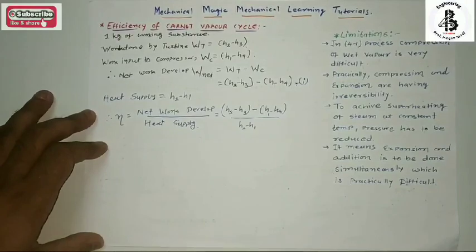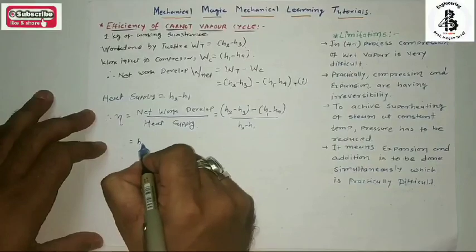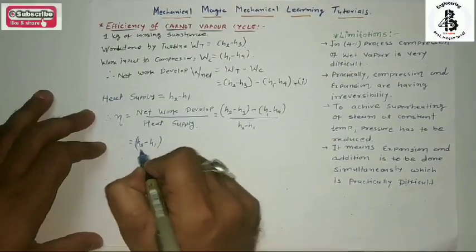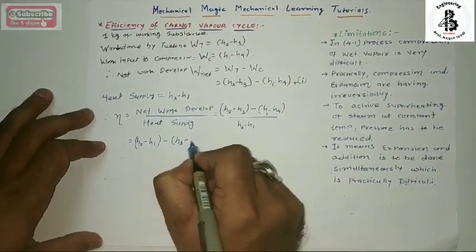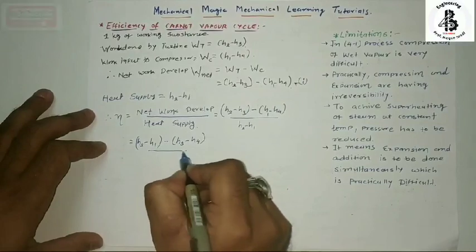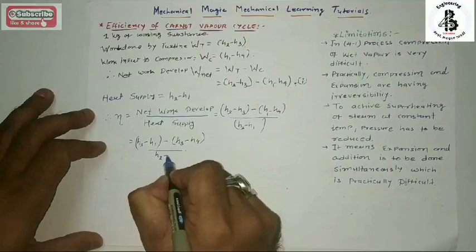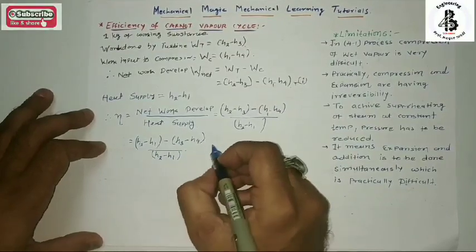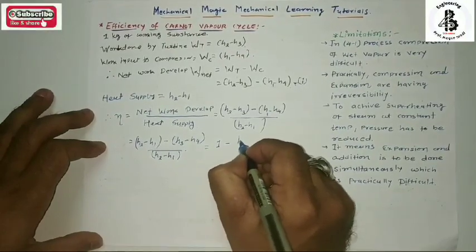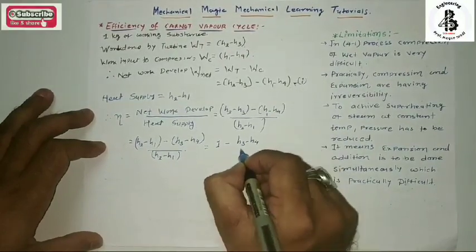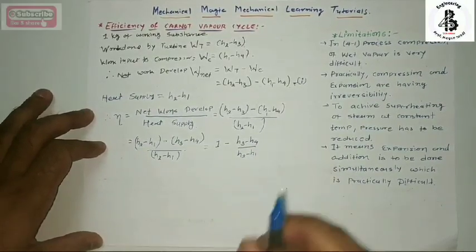So from here, H2 minus H1, rearranging these equations, H3 minus H4, divided by H2 minus H1. So finally you get 1 minus H3 minus H4 divided by H2 minus H1.